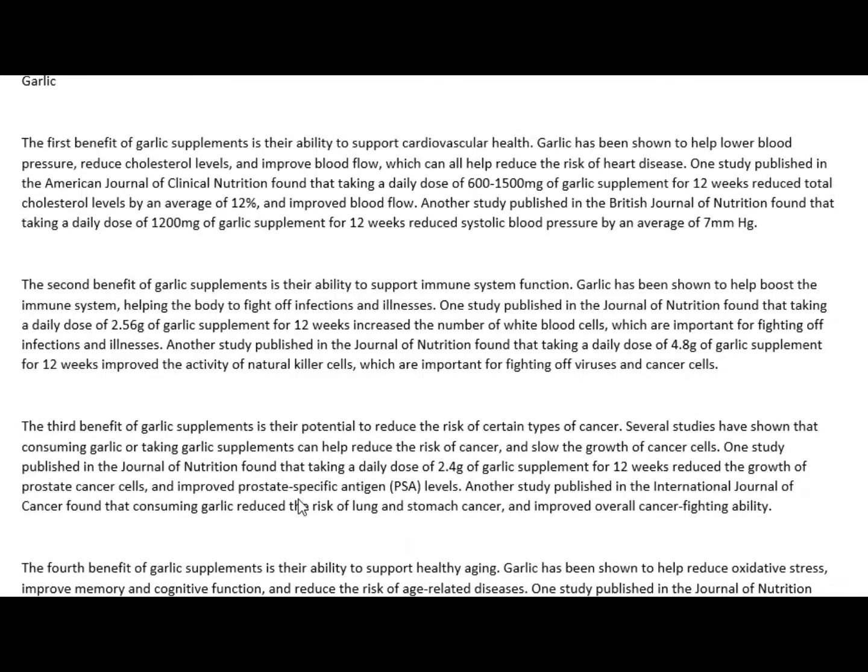One study published in the Journal of Nutrition found that taking a daily dose of 2.4 grams of garlic supplement for 12 weeks reduced the growth of prostate cancer cells and improved prostate specific antigen levels. Another study, published in the International Journal of Cancer, found that consuming garlic reduced the risk of lung and stomach cancer and improved overall the ability to fight cancer.